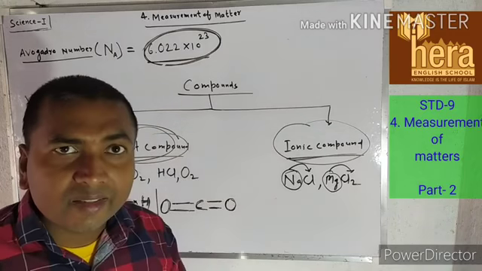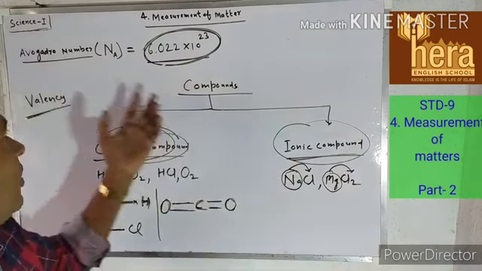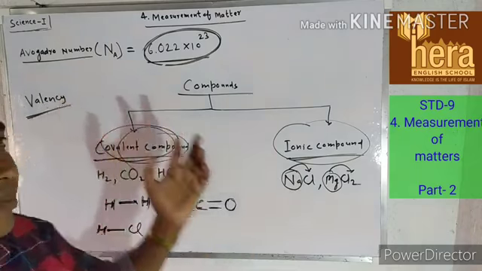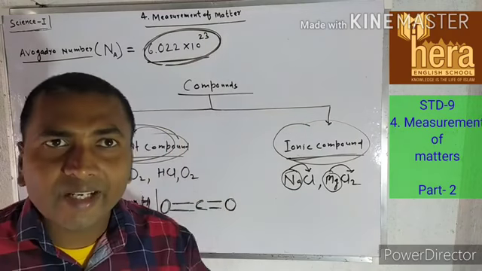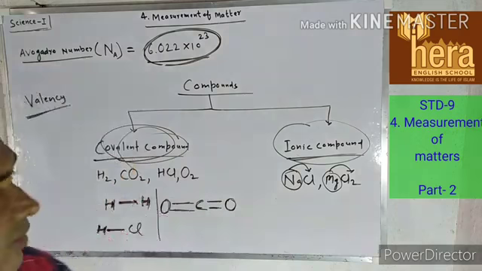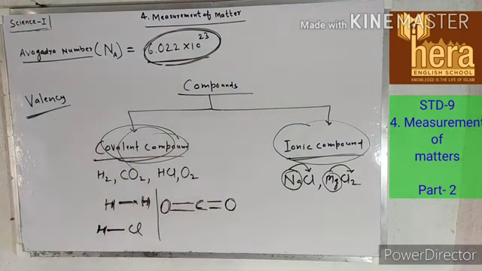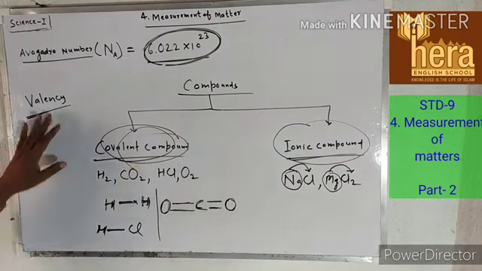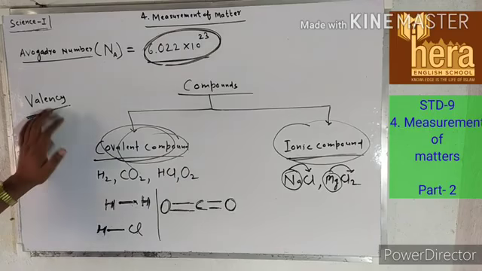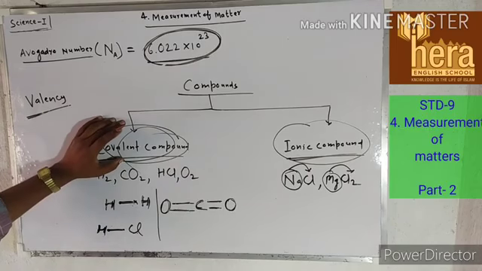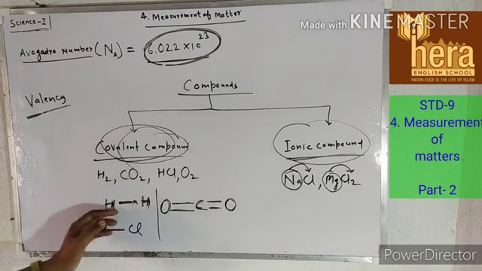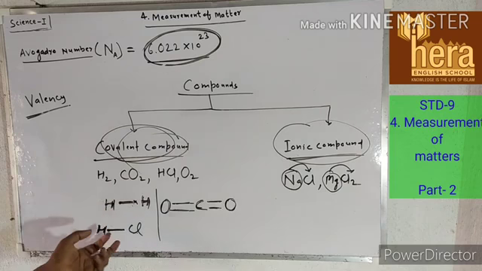Till standard 8th, you have studied that valency is the combining capacity of an element. But in standard 9, some more explanation is needed. So you can define valency for covalent compound like this: the capacity of an element to combine is called its valency.